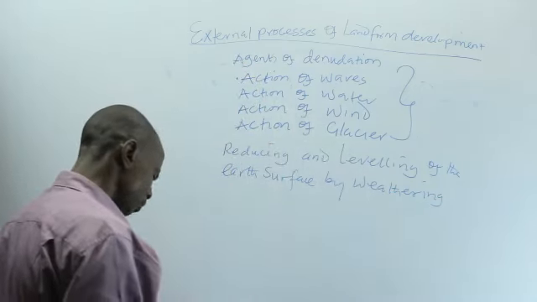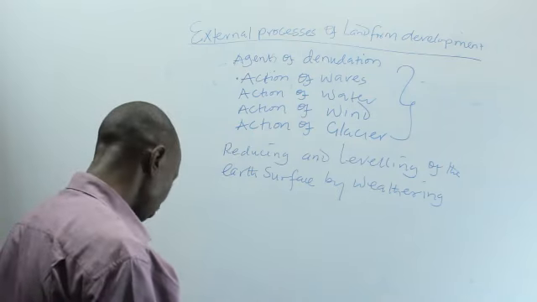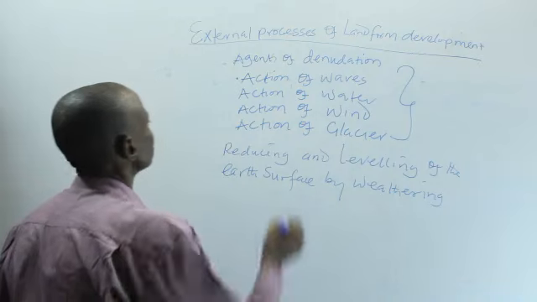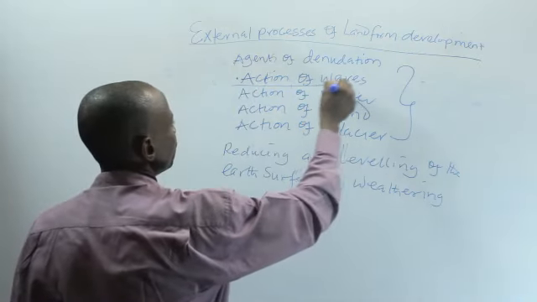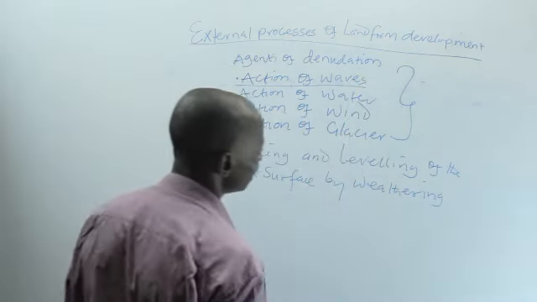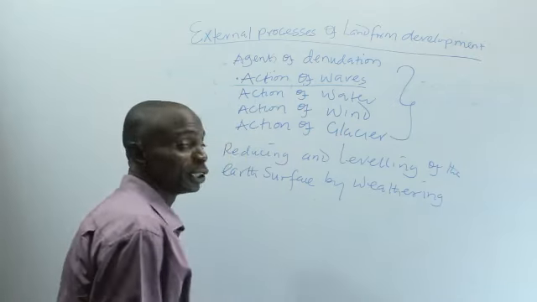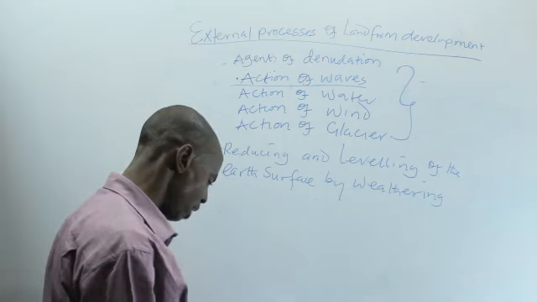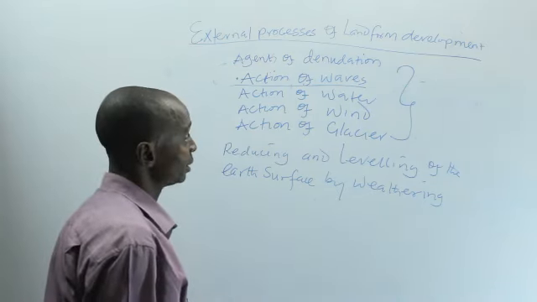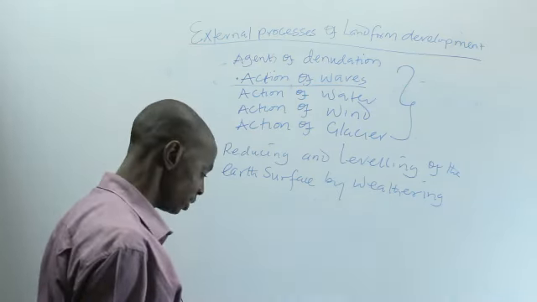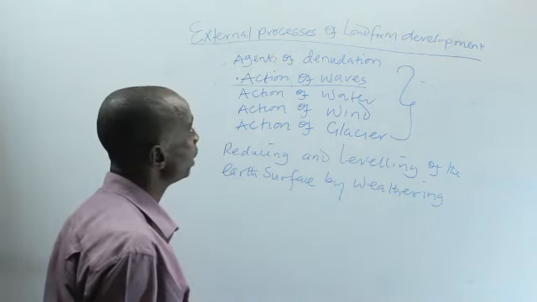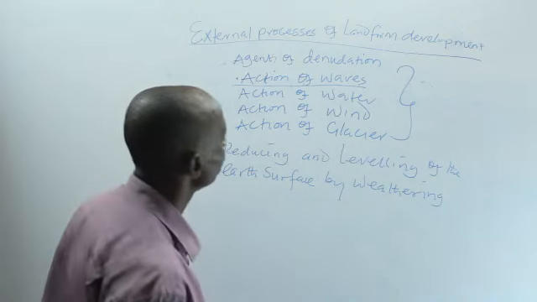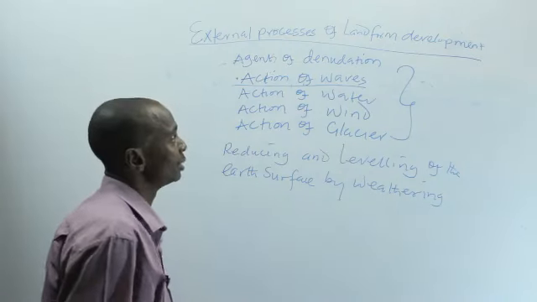When we are talking about the action of waves, this action of waves is prevalent where? It is prevalent in the coastal environment, where we have water bodies, and waves are the movement of water on the surface of water bodies.